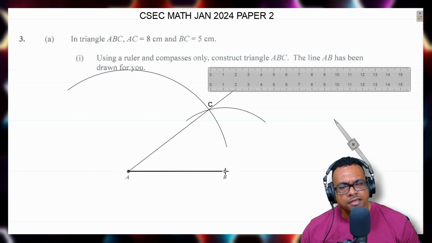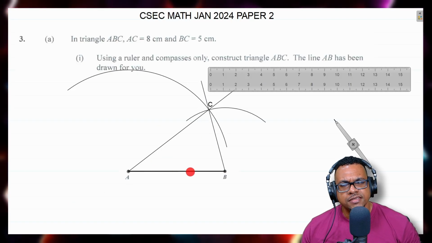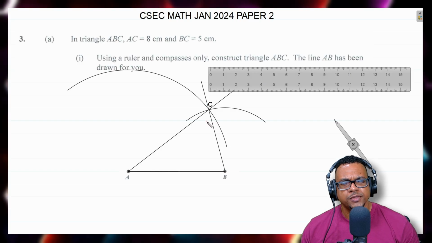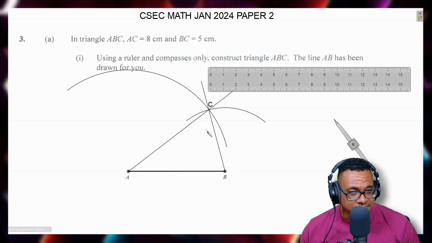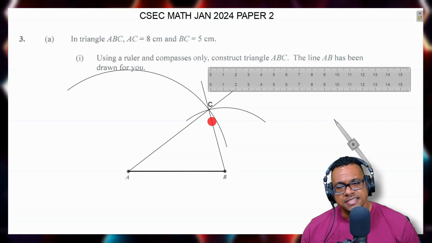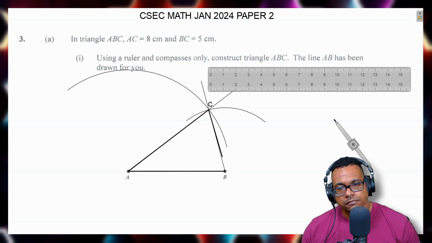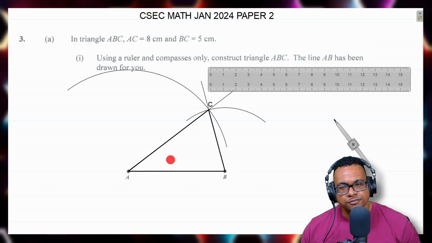And then from B, I make this light line through C again, like this. And now this will be my triangle ABC. Once I'm satisfied with the diagram, I can darken the light lines. So I'm darkening from A to C and from C to B. And this would be my answer.